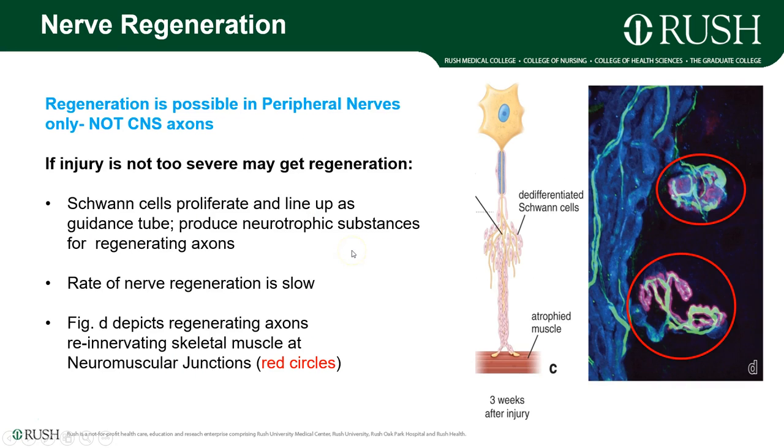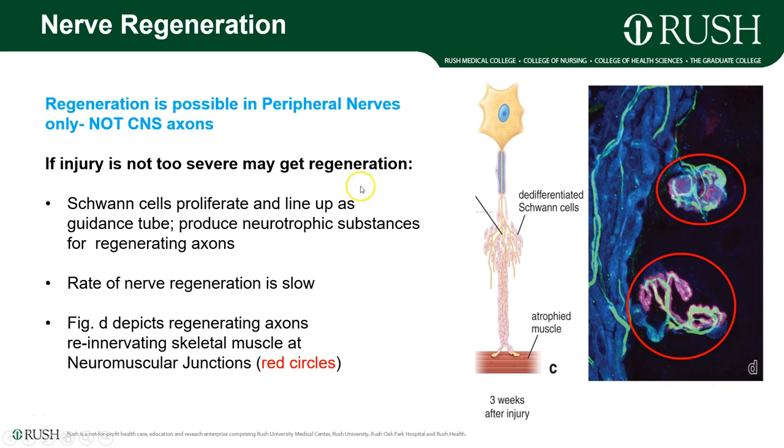During regeneration, the whole event has to be reversed. If regeneration is to happen, the injury has to be limited. One thing to note is that regeneration is possible in the peripheral nervous system, but not in the central nervous system.